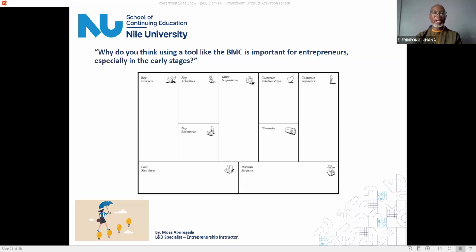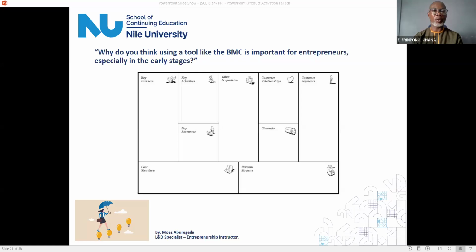Well, for any project that one wants to take up as a business, you should first understand exactly what you want to do. So in the early phase, if you don't have your BMC well written down and well understood, you'll be moving like a ship without a radar, around without knowing exactly what you want to achieve.